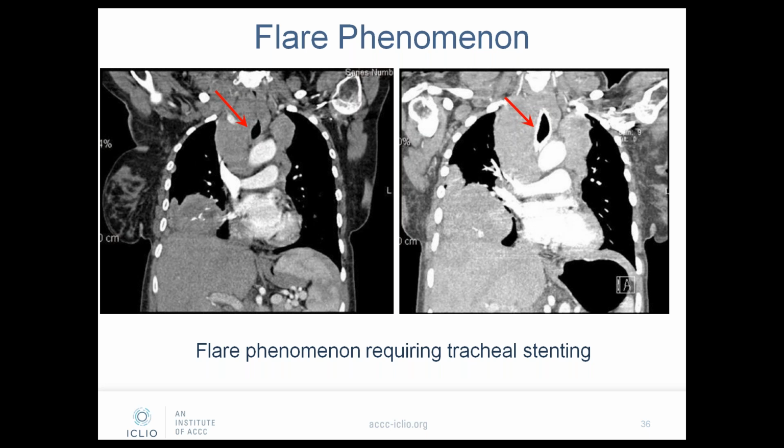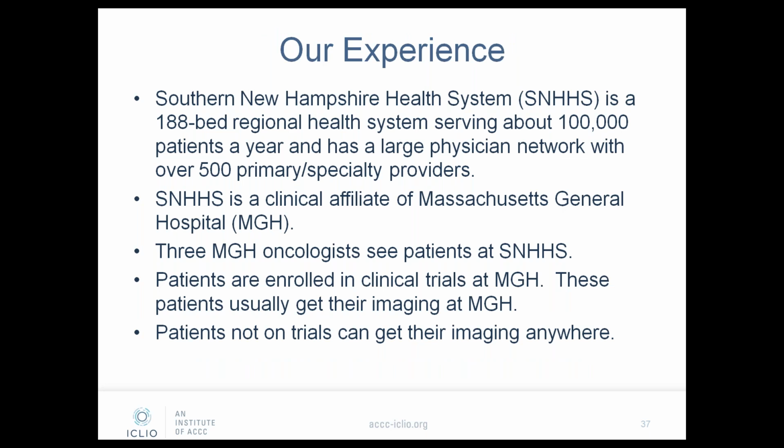So in this example of the flare phenomenon, where you just see the index lesions getting bigger, what you'll see is the narrowing of the airway or the trachea, and in this patient, she required tracheal stenting. So that's a severe, life-threatening potential thing to look out for, is the flare phenomenon. Next item.